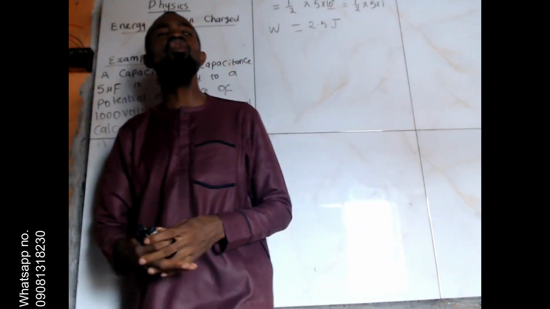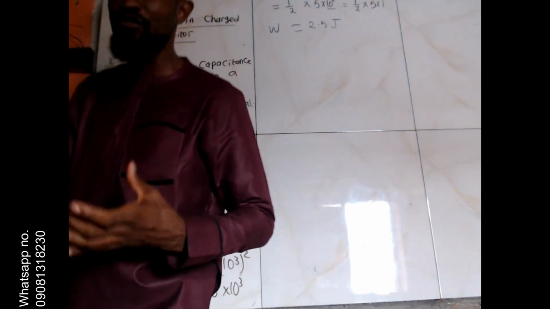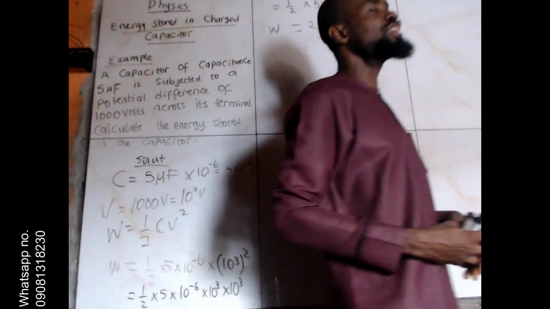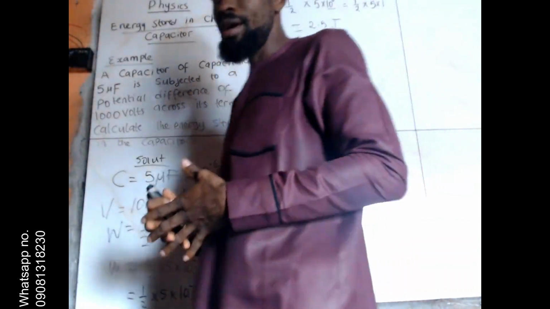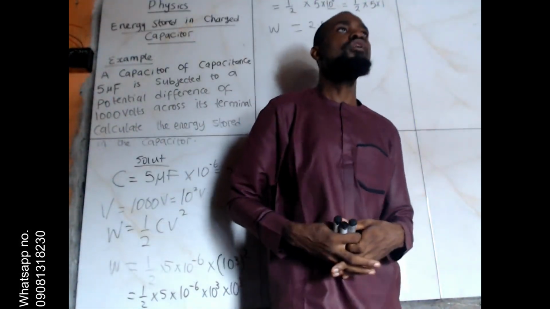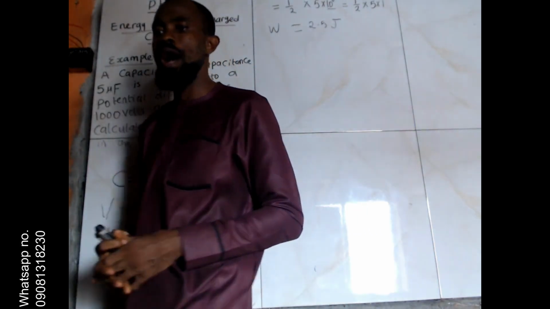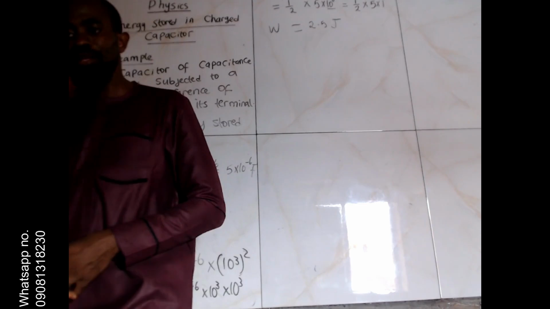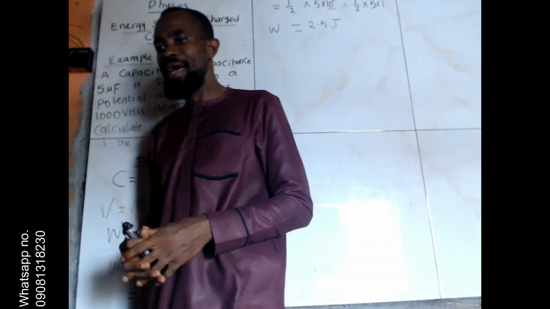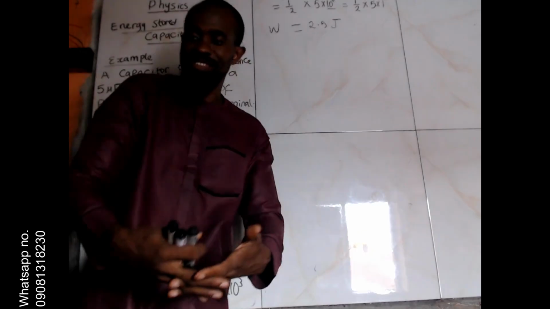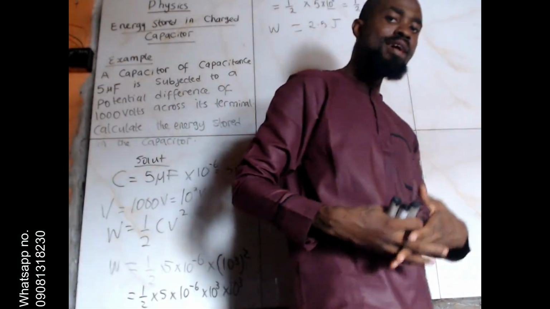Another one is for smoothing rectified current from DC power supplies. Another one is elimination of sparks when a circuit containing inductance is suddenly open.